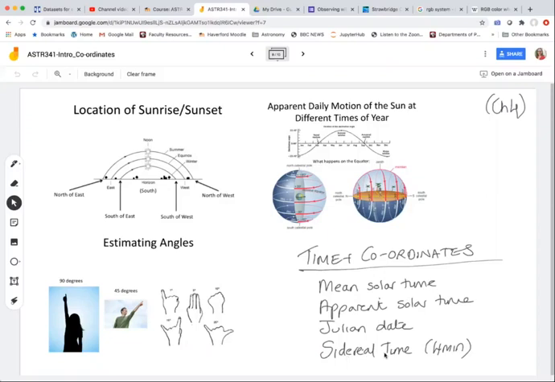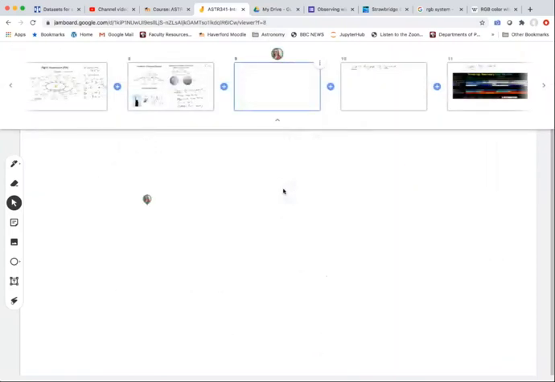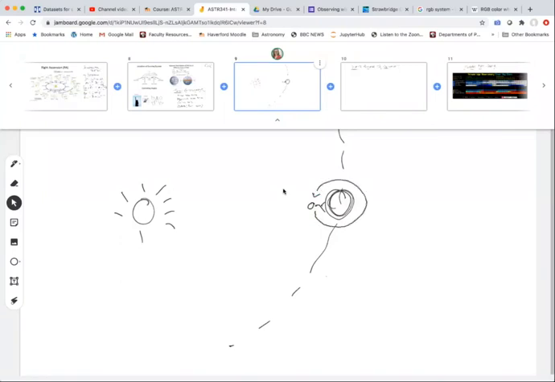Sidereal time is the time with respect to the stars, as opposed to solar time. So if we have the sun here, and here is the orbit of the Earth, and here we have the Earth. Imagine there is a person standing on the Earth. 1 solar day is the time it takes for the Earth to rotate once so that the sun is in the same place in the sky the next day.